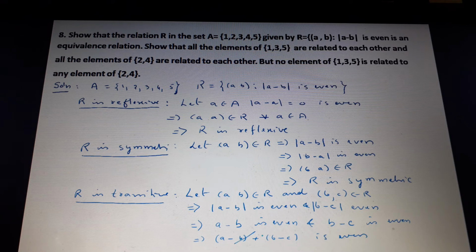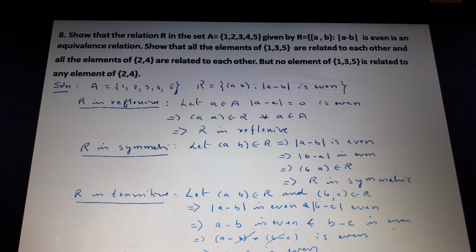This b and this b cancel. This implies a minus c is even. So whenever a minus c is even, this also implies |a − c| is even.